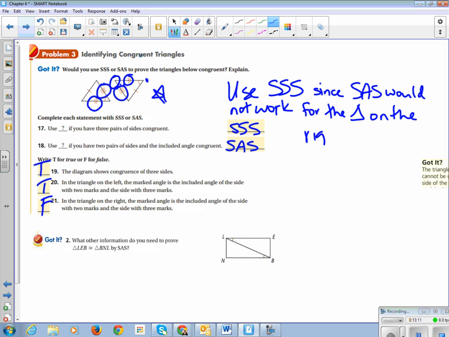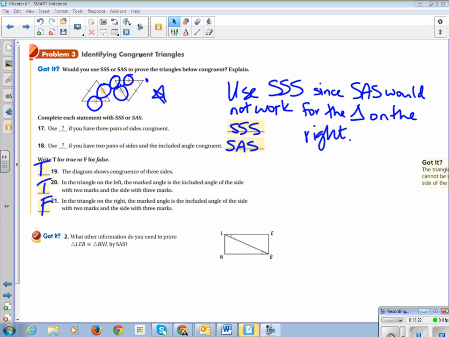So we're going to use side, side, side, since side, angle, side would not work for the triangle on the right. True. So if we're looking at this figure right here, what other information do you need to prove triangle LEB is congruent to triangle BNL?